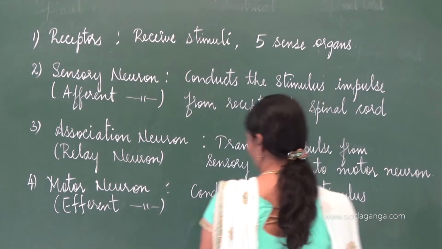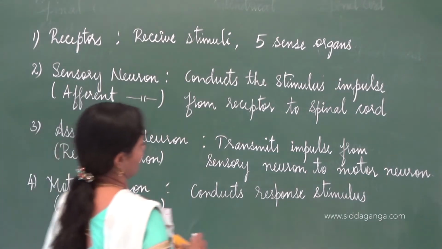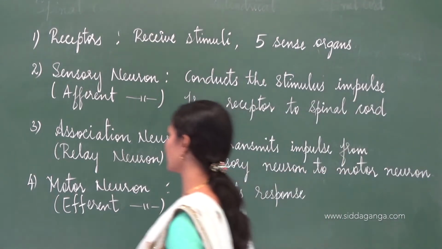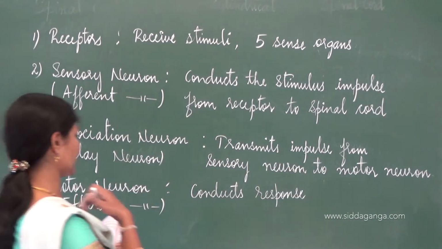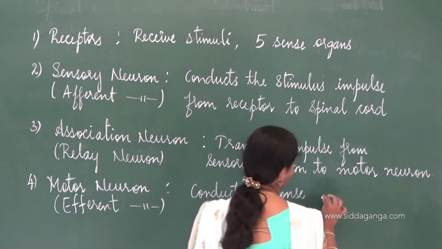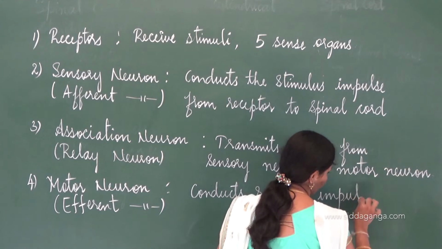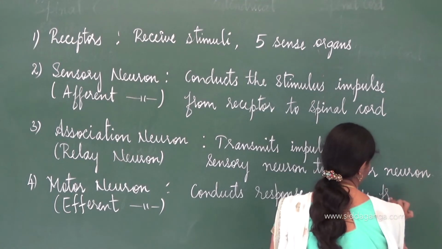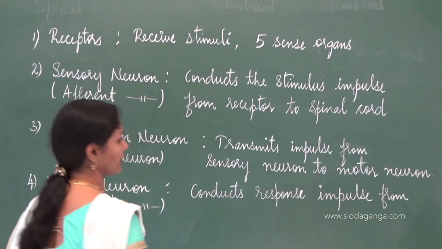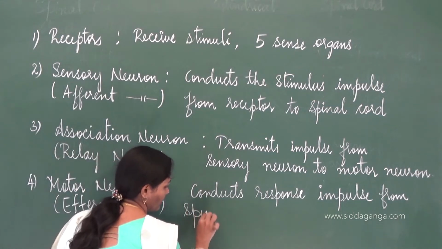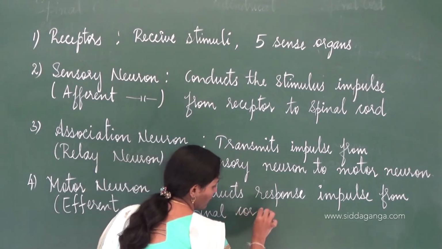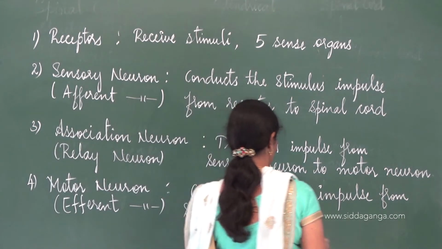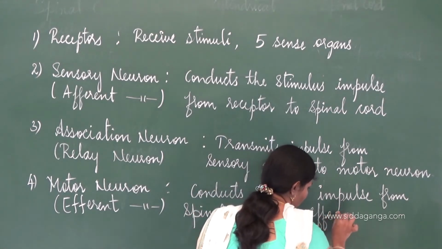The sensory neuron conducts stimulus impulse, whereas the motor neuron is output, so it has to conduct response impulse, from spinal cord or from relay neuron to effector or to the muscles.